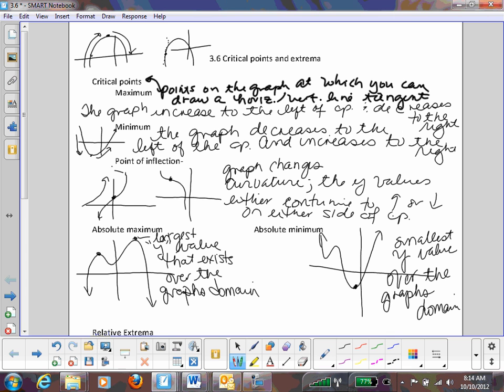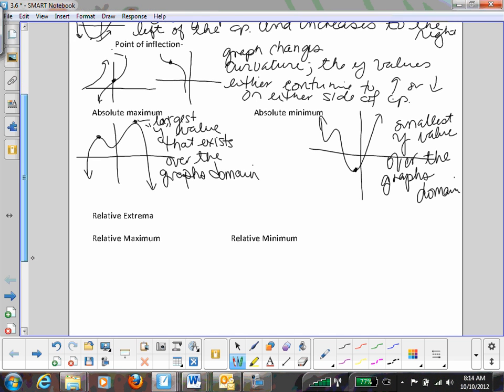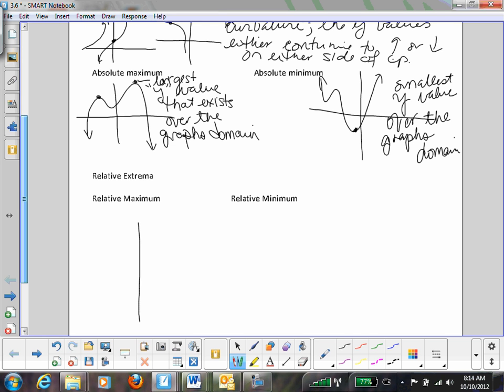Or I should say the function's domain. Okay? Okay. Relative max and relative mins.